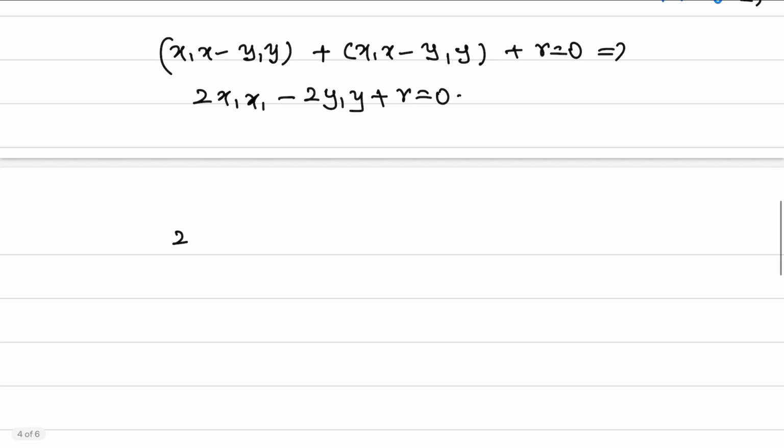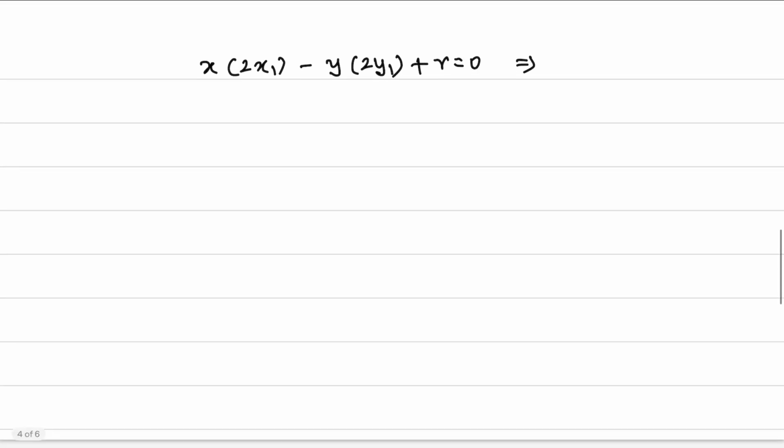That means 2 into x1, x1x it is. Again I am making a mistake. It is only x. Now x into some real number, minus y into some real number, plus r is equal to 0.